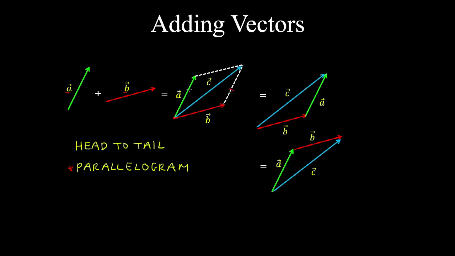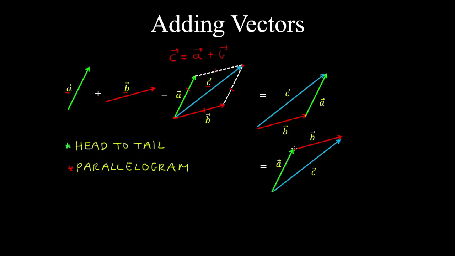So this line is parallel to vector A, and this line is parallel to vector B. And the resulting vector is drawn from the initial point of both vectors as the diagonal to the opposite end of the parallelogram. So that's our resulting vector C. So our resulting vector C is A plus B.